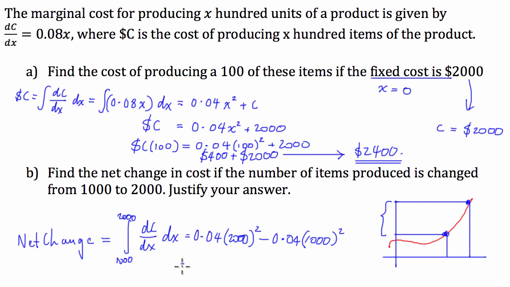If we evaluate it, that's 4 million times 0.04, so that's 160,000. Subtract a million times 0.04, for 40 grand. So we find our net change to be equal to 160 take 40, which is $120,000.